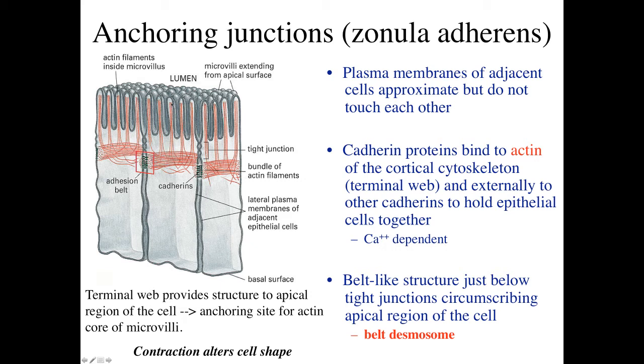So you might imagine these microvilli might scrunch down if these actin components get a little bit shorter. Likewise, as the actin components relax a little bit, these microvilli might get a little bit longer, and so you might imagine that would provide a little more membrane surface area.